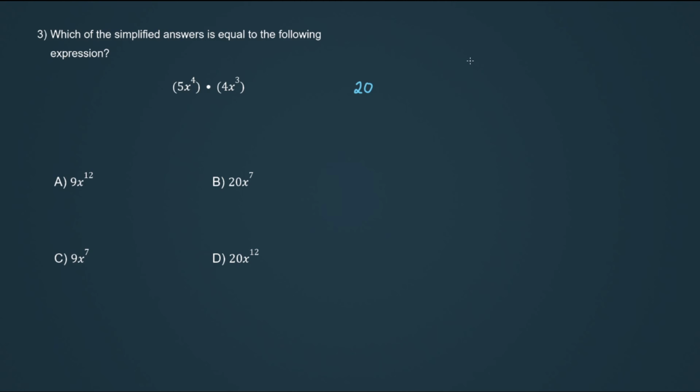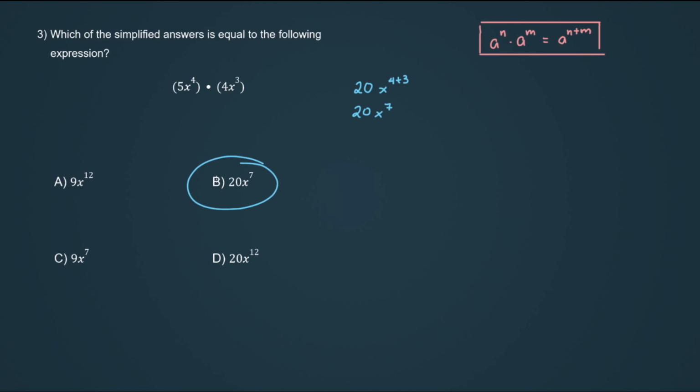Now don't forget that law of exponents here. We have a to the n times a to the m. If we have the same base being multiplied together, we add their exponents, okay? And so we're going to get x to the 4 plus 3, which is 20x to the 7. So that's B.